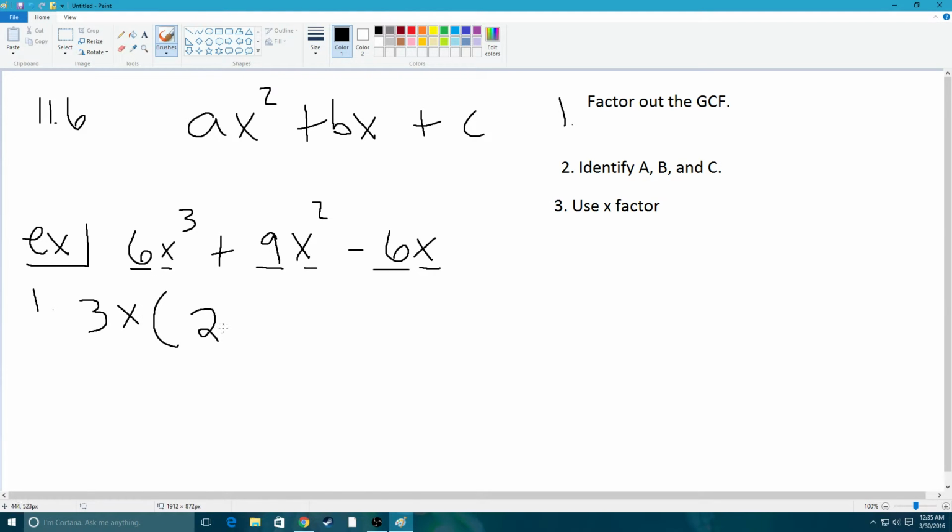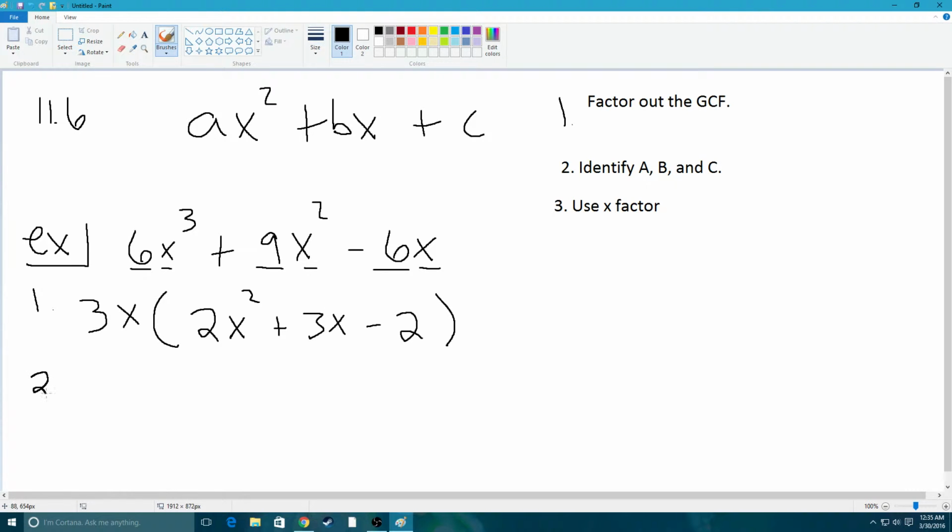X cubed divided by x is x squared. 9 divided by 3 is 3. X squared divided by x is x. And the last one, 6 divided by 3 is 2, and x divided by x just goes away. Okay. So that was step 1.